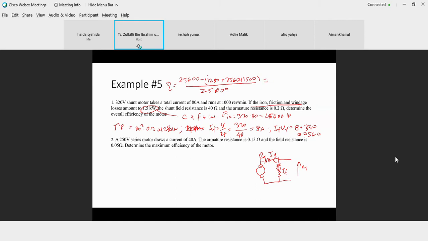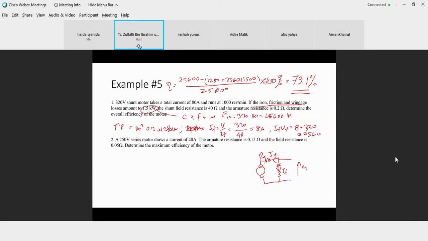So 25,600 minus 1280 minus 2560 minus 1500, divided by 25,600, times 100, so you will get a percent. So the efficiency of the machine is about 79.1%.